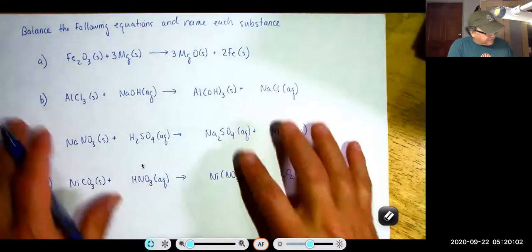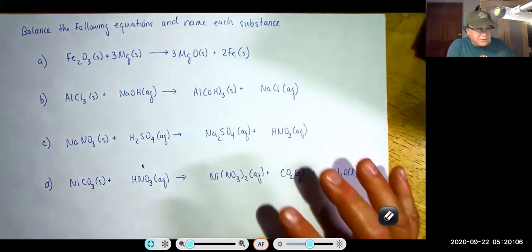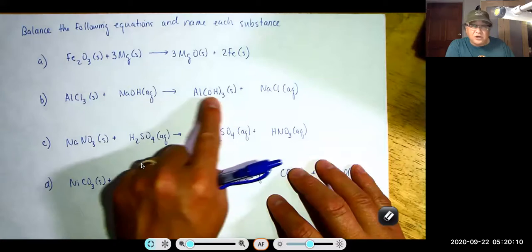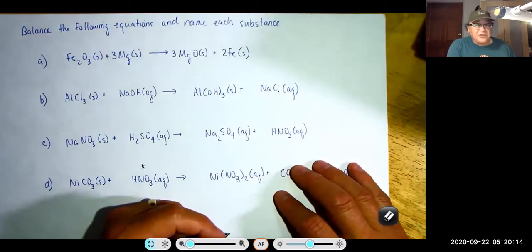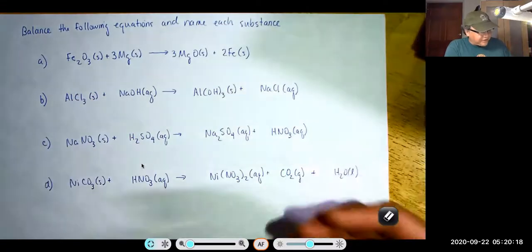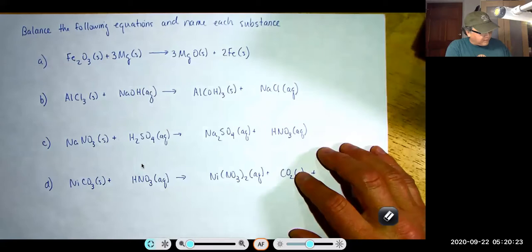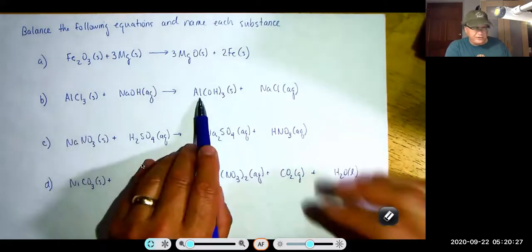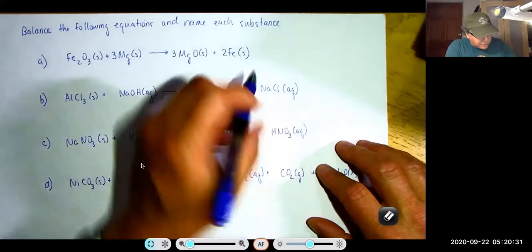Let's take a look at this one. Now this one's kind of interesting because if you notice over here we have this OH and over here we have this OH. Those are the hydroxide ion. And there is nothing else with O and H in it. So I can actually balance this based on OHs. So let me show you what I mean. I have 1 aluminum here and 1 aluminum here, so that's good. I have 3 chlorines here and 1 chlorine here, so I'm going to put 3 there.